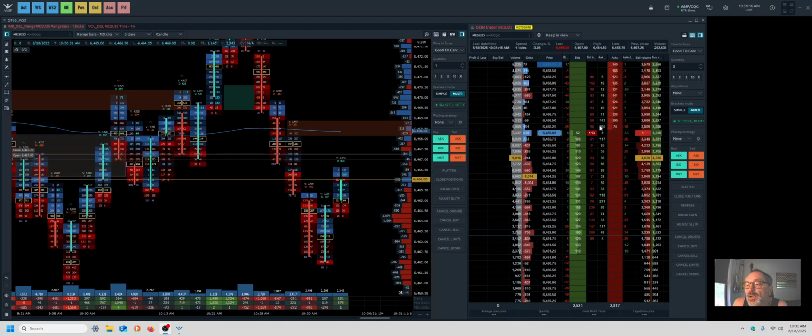There's a big number of buyers here. You had a whole bunch of buyers. Let's see what comes back. So I like 64.75 as a place to get in as a short. 64.75, 65 even.